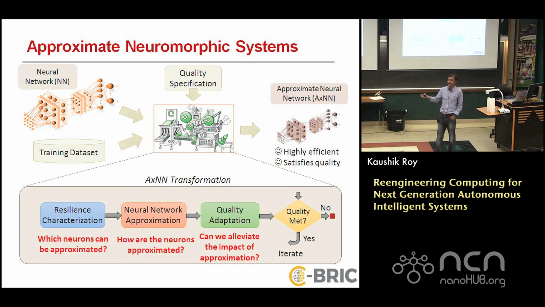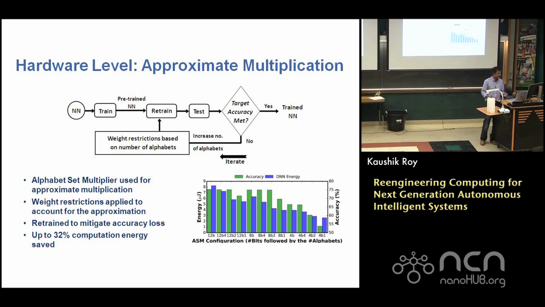Probably I don't even lose much accuracy. So why not do it that way? I can show you some results where I ended up doing approximate multiplication instead of exact multiplication, and I trained my neural network with those approximate circuits, and it actually does reasonably well.